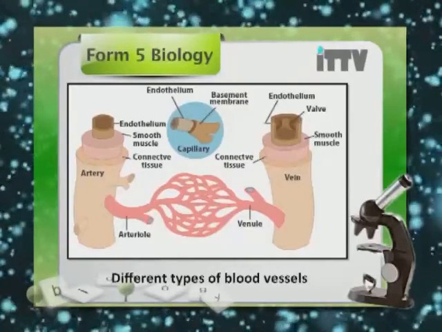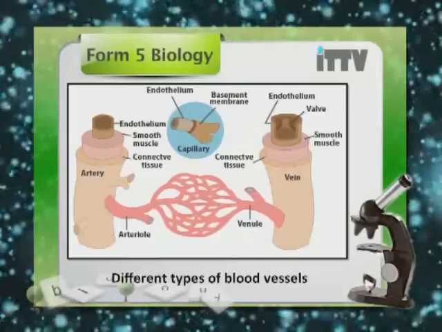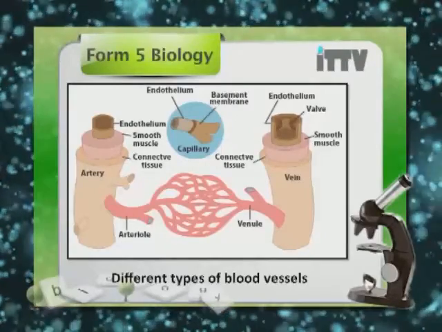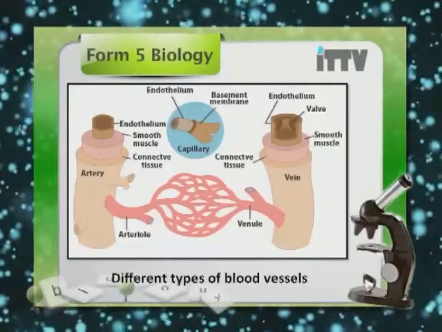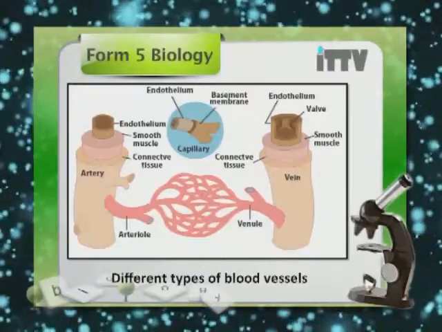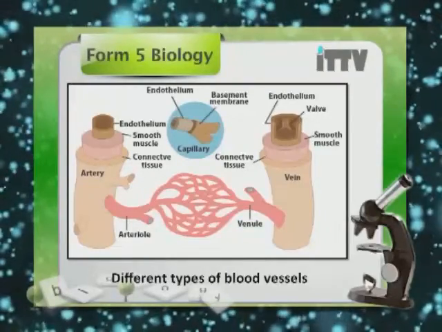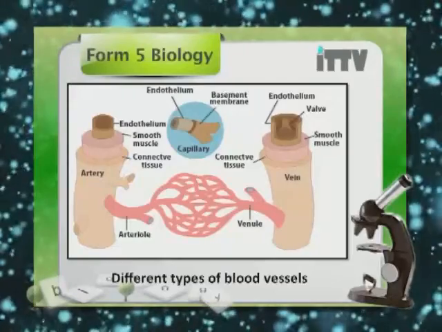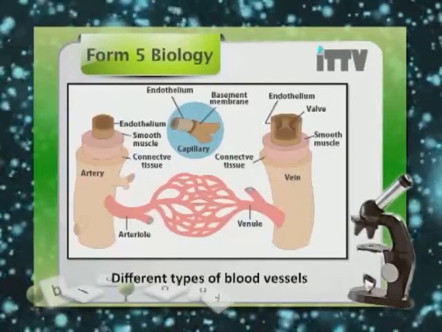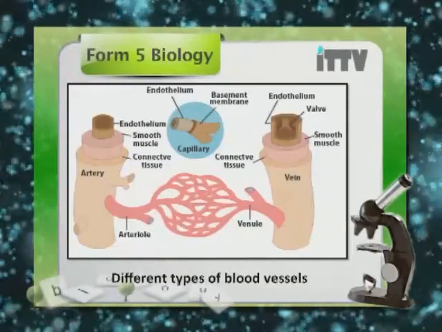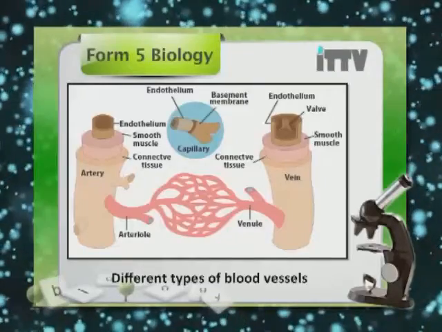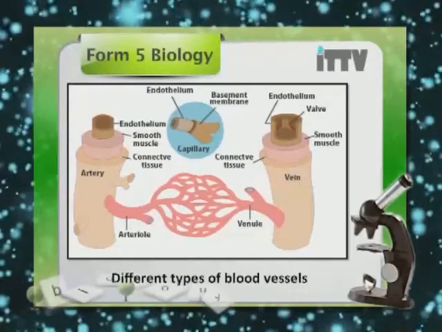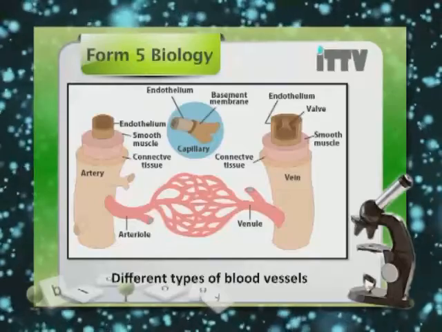Take a look at the artery. The artery draws blood from the heart and carries it from the heart to all parts of the body. The artery then branches into tinier vessels called arterioles, which then branch into even more microscopic structures called capillaries.